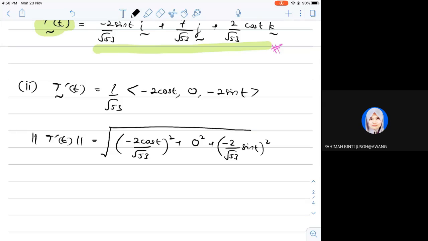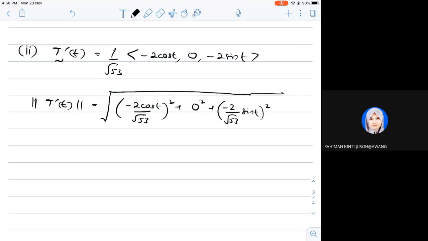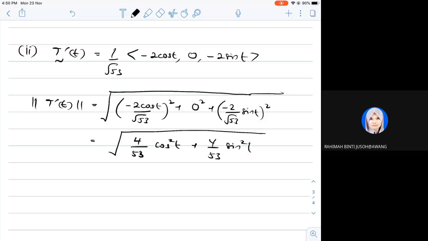Here we have the square root of 4 over square root 53 squared, which becomes 53, multiplied by cos squared t plus 4 over 53 sin squared t.